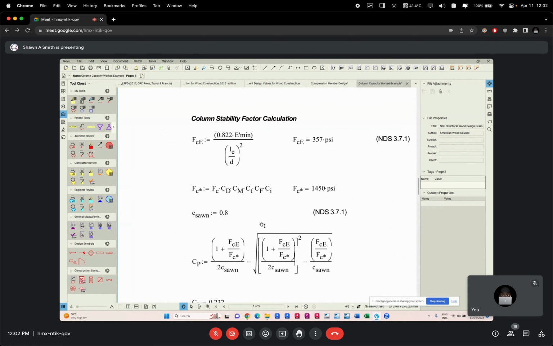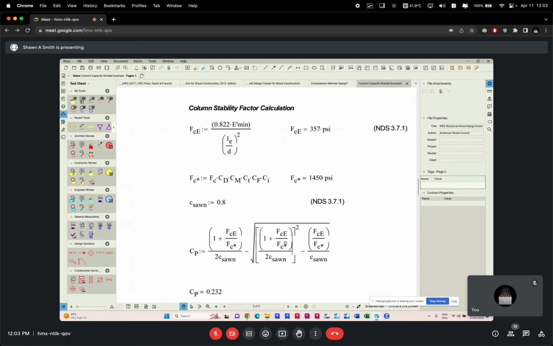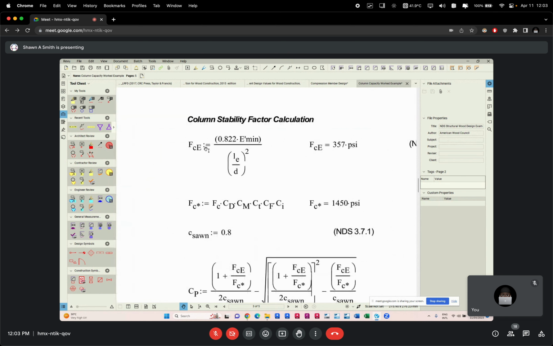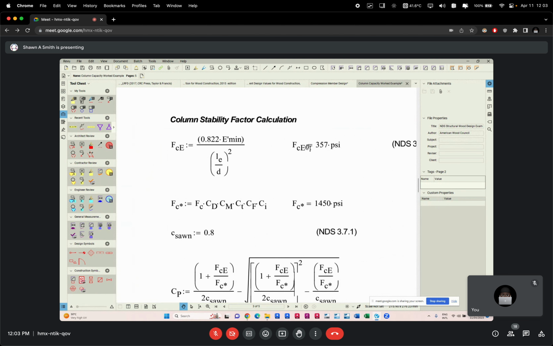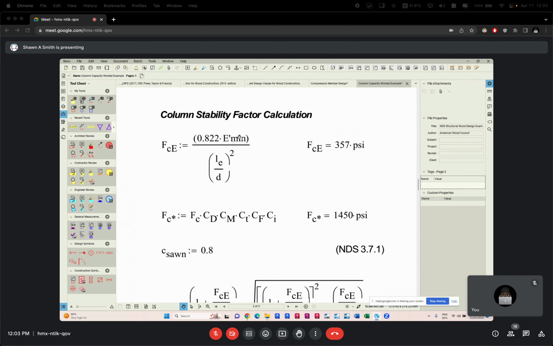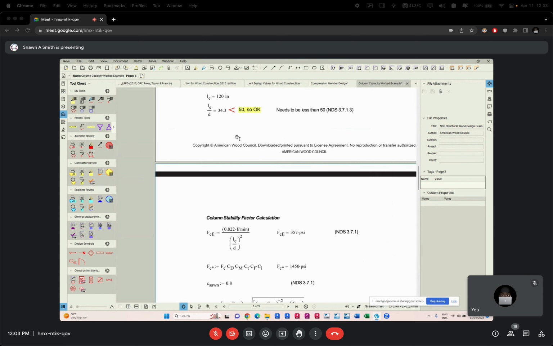Right? This expression needed all of this. So they do them piece by piece so that they can put it in there, right? So this, we already have this. Now we already have E min, which is E prime min, because we have already calculated it up top.